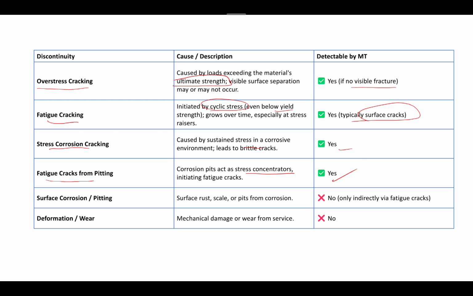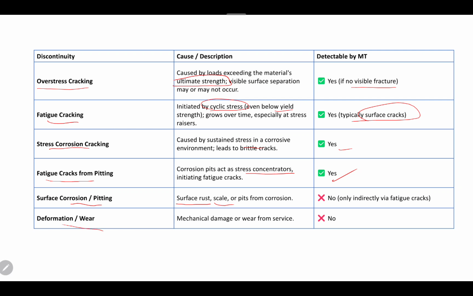Next one is surface corrosion or pitting. It's important to note what MT does not reliably detect in service. General surface rust, scale or pits from corrosion are not directly detectable by MT, only indirectly if they lead to fatigue cracks.